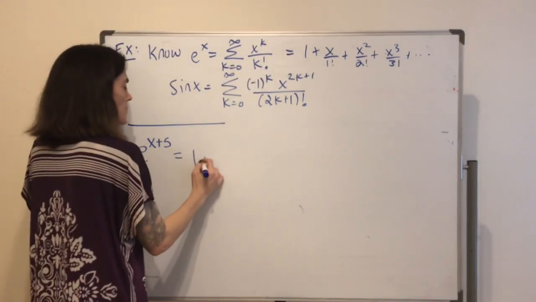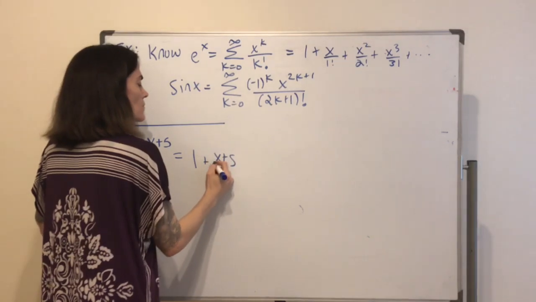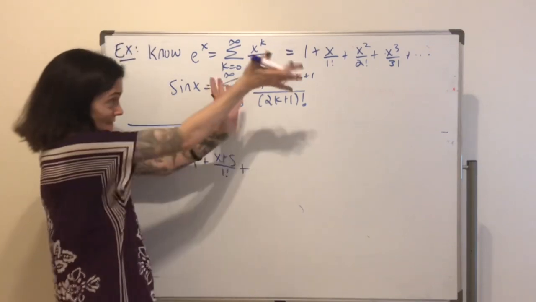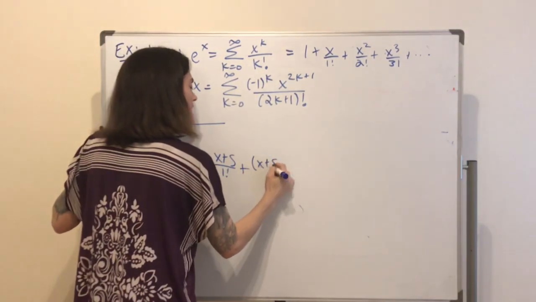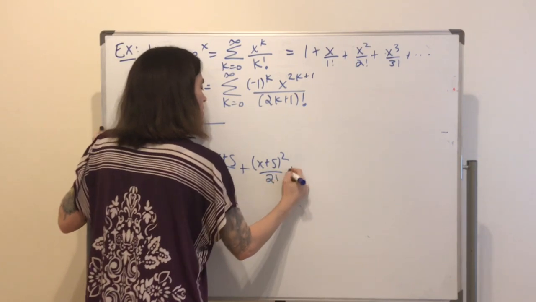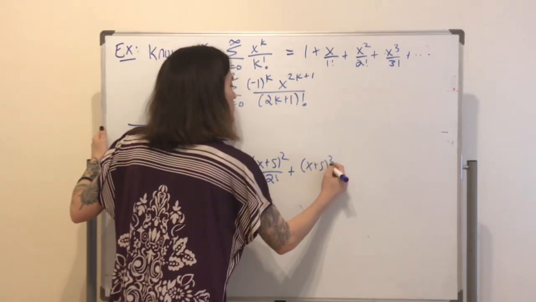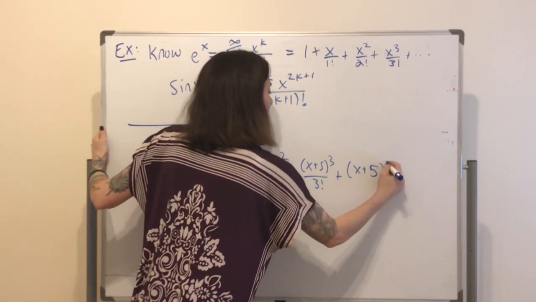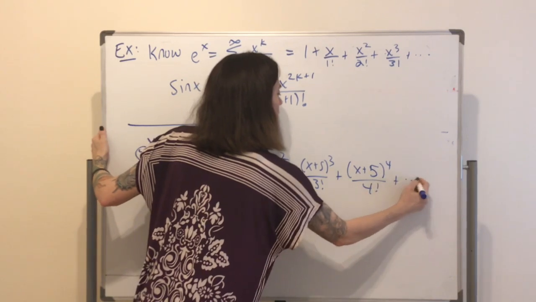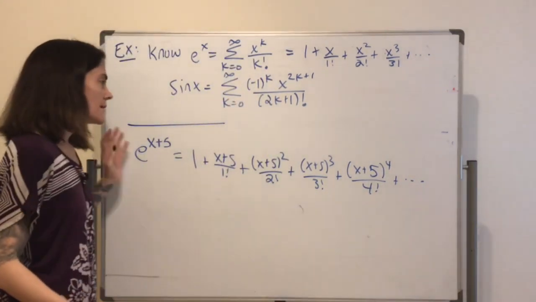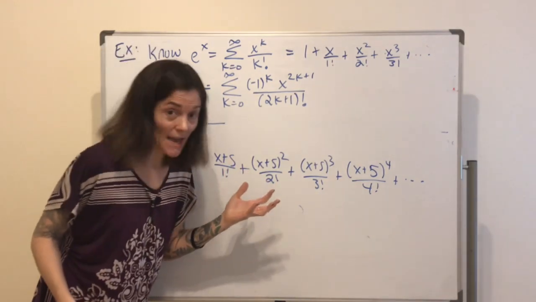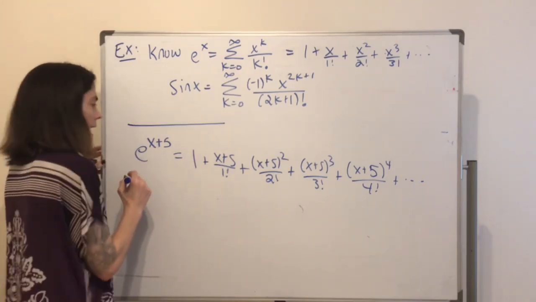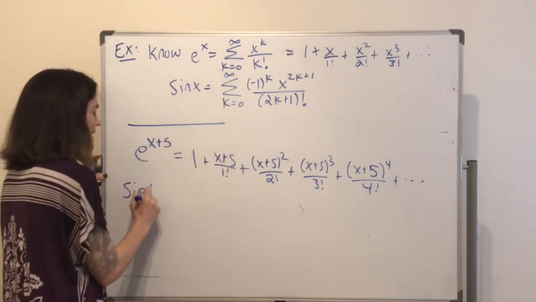This would be 1 plus x plus 5, well, I don't have to put over 1 factorial, I just did so that it matches, plus x plus 5 squared over 2 factorial plus x plus 5 cubed over 3 factorial plus x plus 5 to the 4th over 4 factorial. This is now a power series centered at minus 5 for e to the x plus 5. Again, it was composition. And similarly, I can do the same for sine of x plus 5.